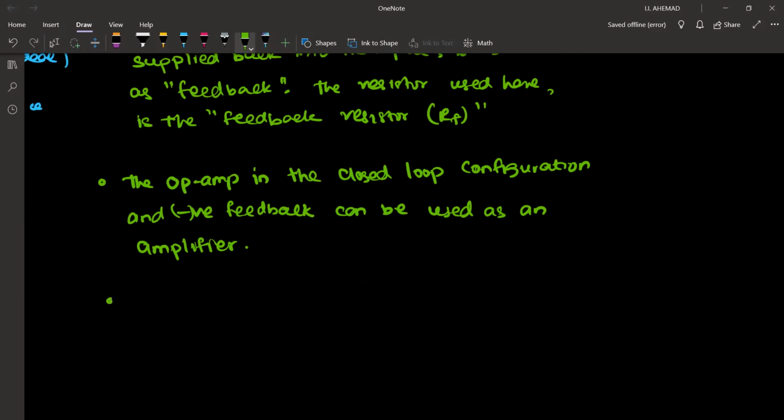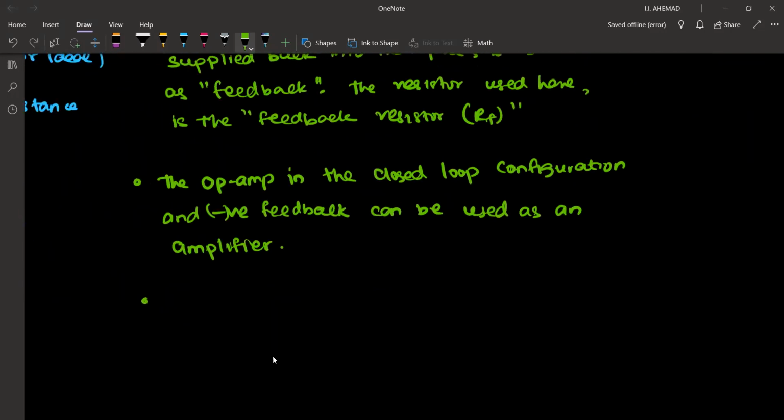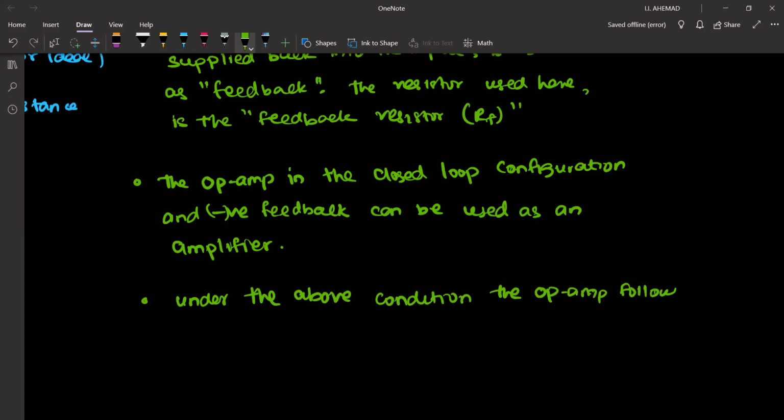Under the above condition, the op amp follows the golden rules.